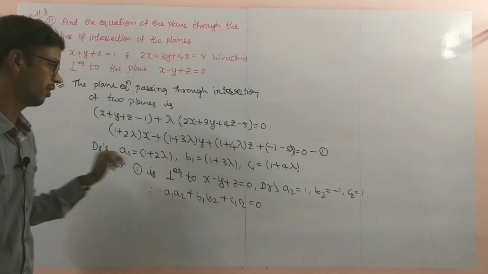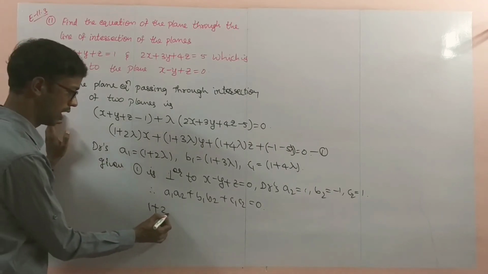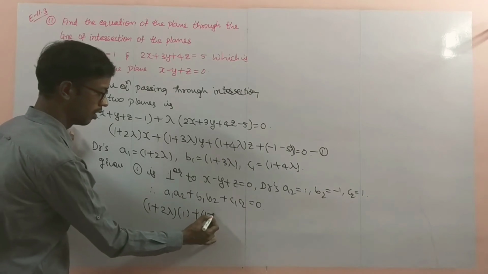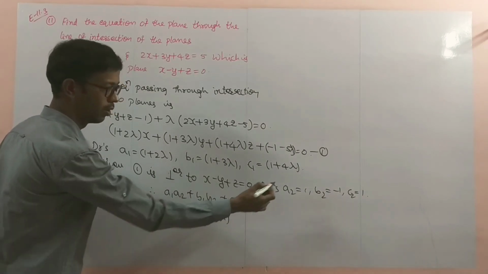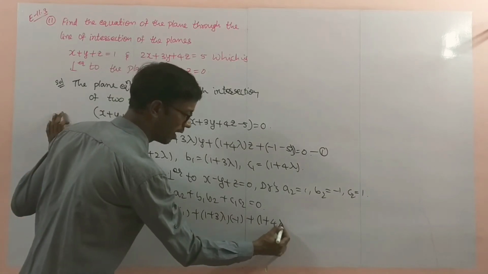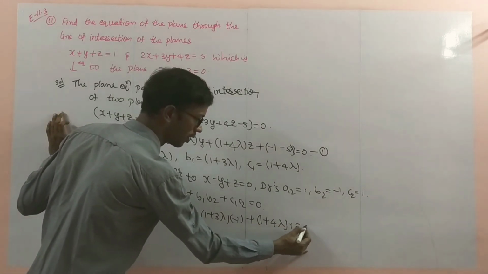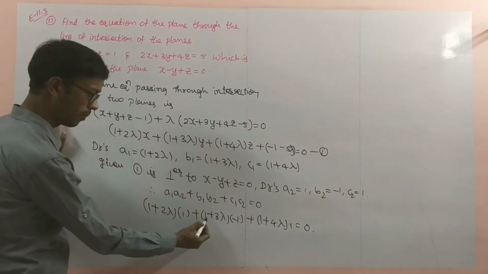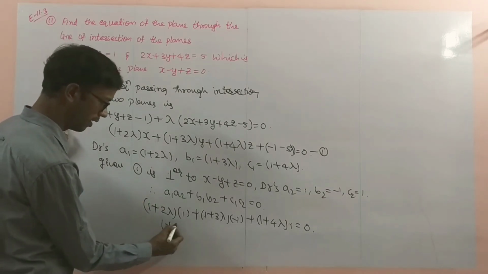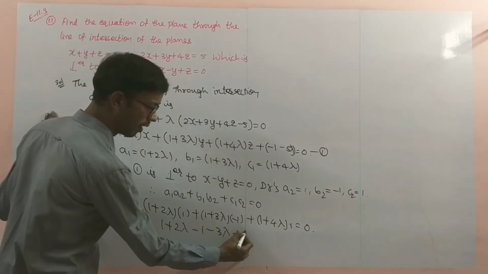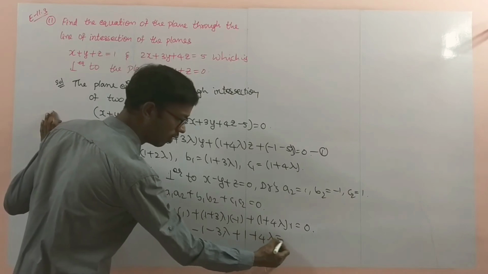So what is the A1 value? 1 plus 2 lambda into 1, plus 1 plus 3 lambda into B2 which is minus 1, plus 1 plus 4 lambda into C2. So now simplify. 1 plus 2 lambda minus 1 minus 3 lambda plus 1 plus 4 lambda equal to 0.